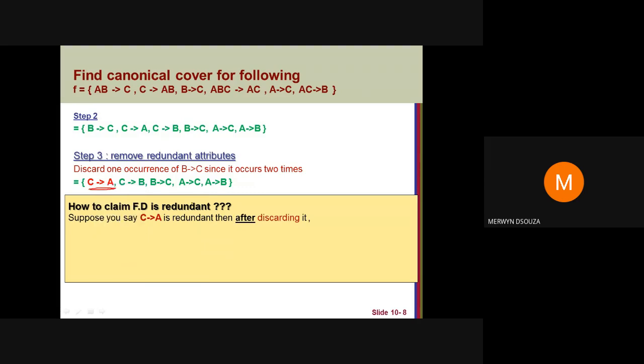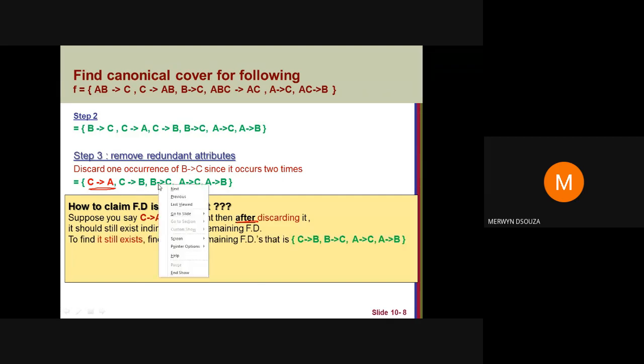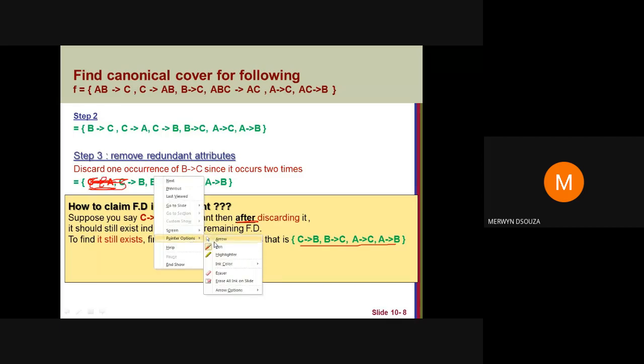After discarding it, I've underlined the word after, it's very important. After, it should still exist indirectly in the remaining functional dependencies. The remaining functional dependencies are these: C determines B, B determines. So when you remove this, let me just do it again.